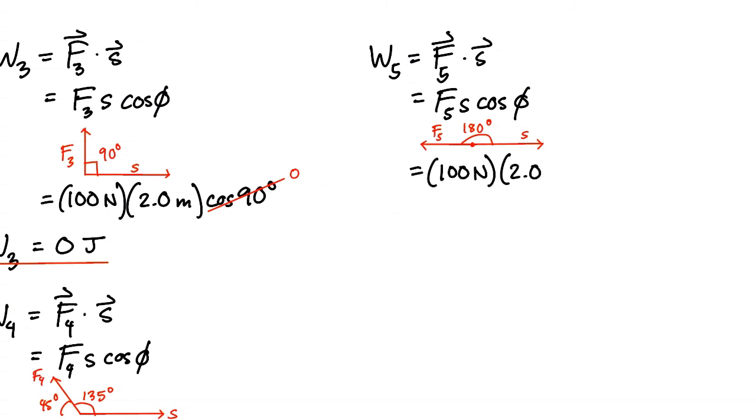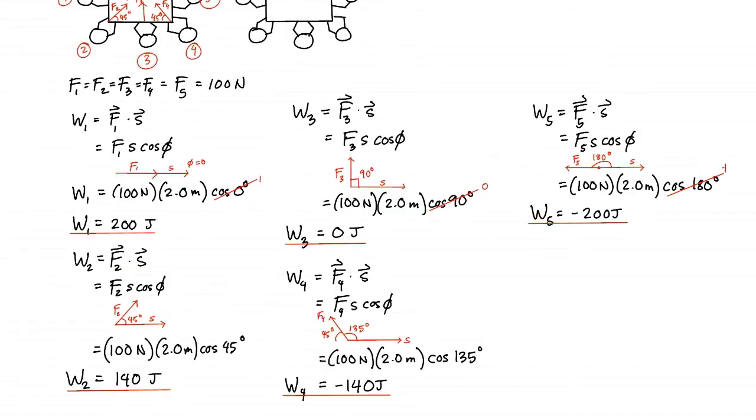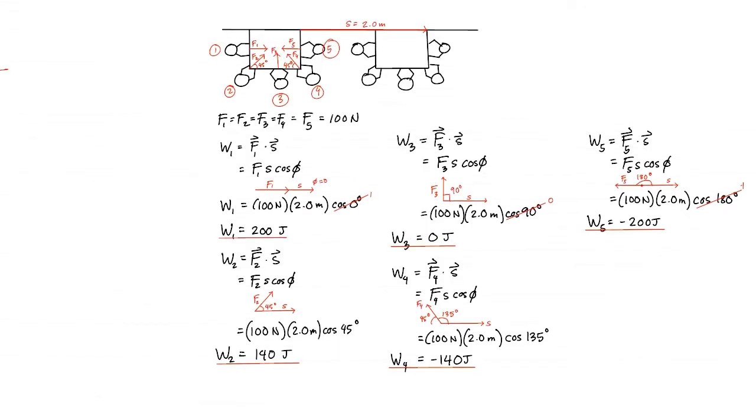Plugging in our values. Now, cosine 180 degrees, this is actually equal to negative 1. So, this becomes negative 200 joules. So, now we've solved all the work done by all of the friends. So, let's analyze for a second ano yung result natin.